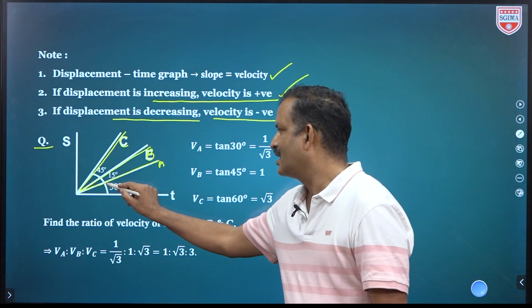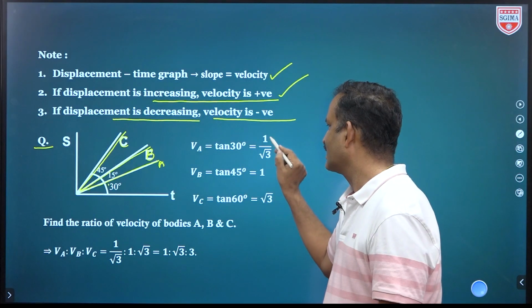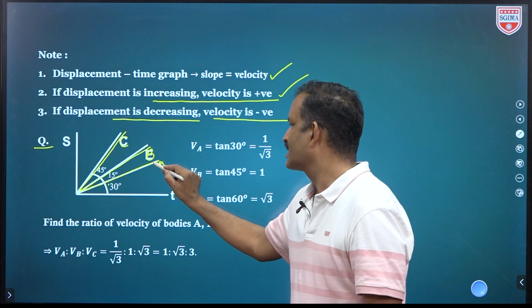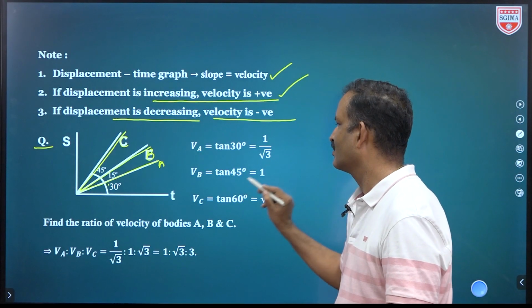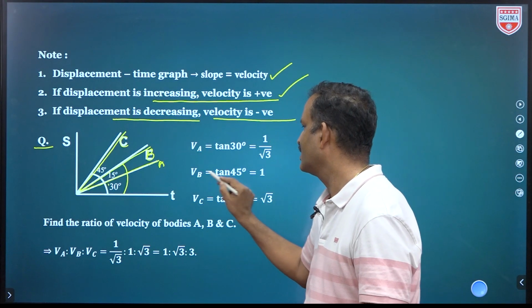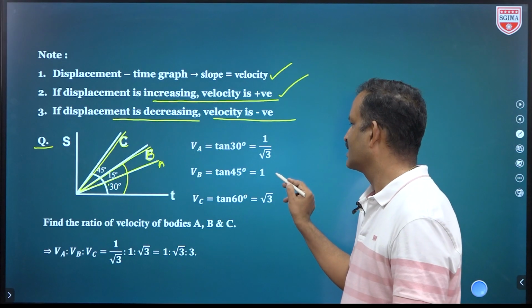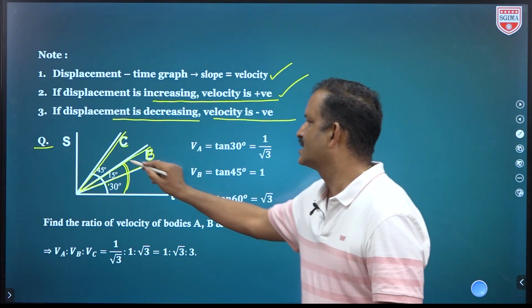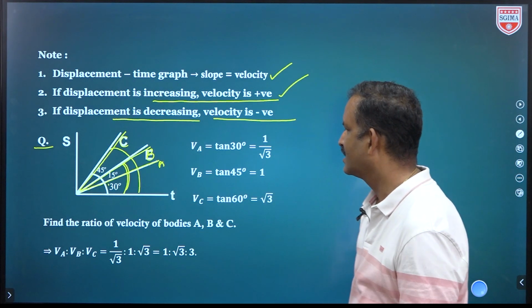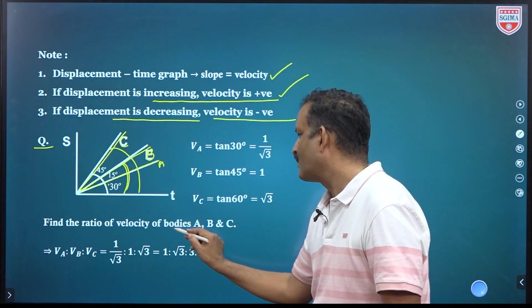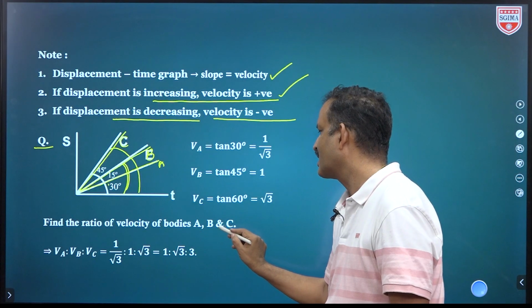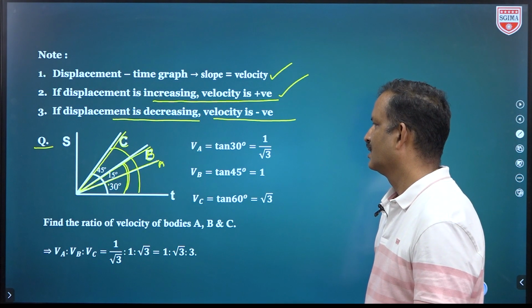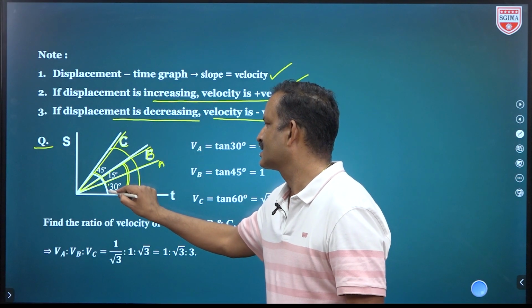Velocity VA is tan 30, which is 1 by root 3. VB is tan 45. VC is tan 60. They are asking what is the ratio of the velocities of bodies A, B and C. This angle is 45 degrees.